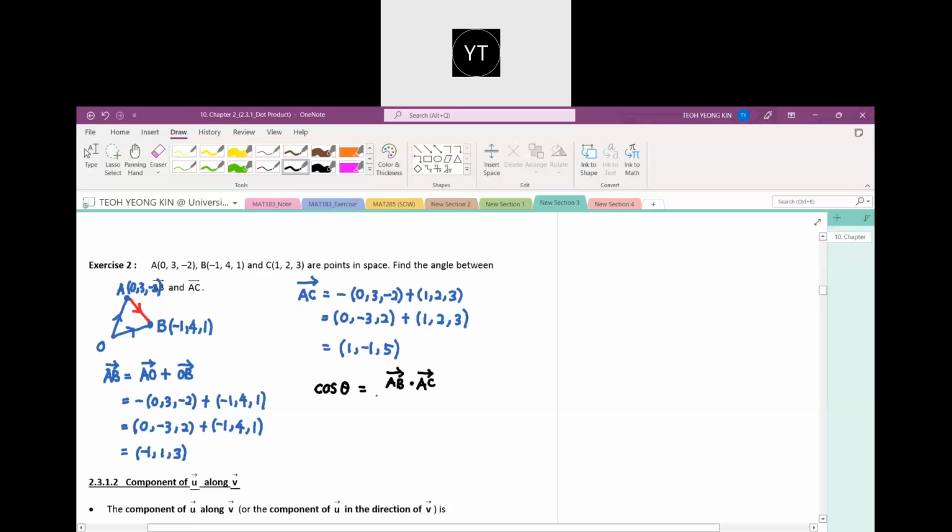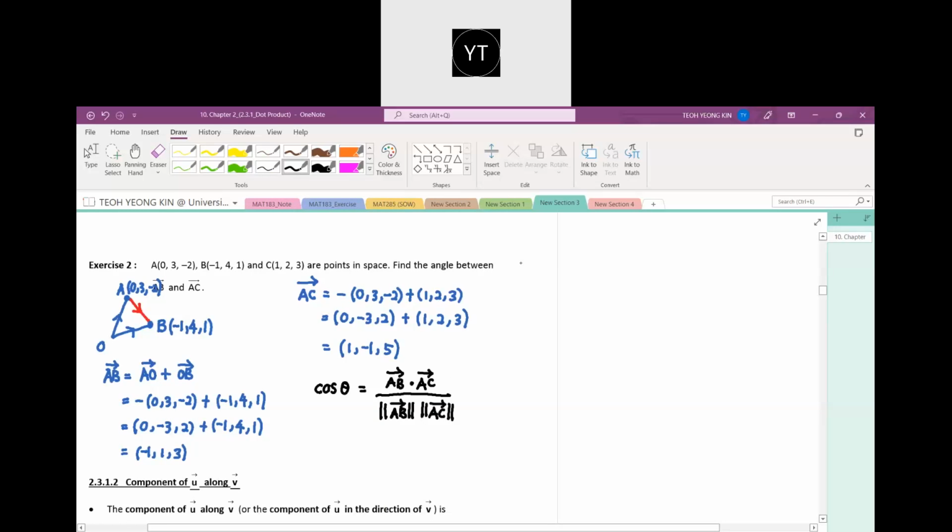Don't forget, we need to divide by the product of the magnitude of vector AB and the magnitude of vector AC. So we can find the values separately, and after that, we substitute into this formula.